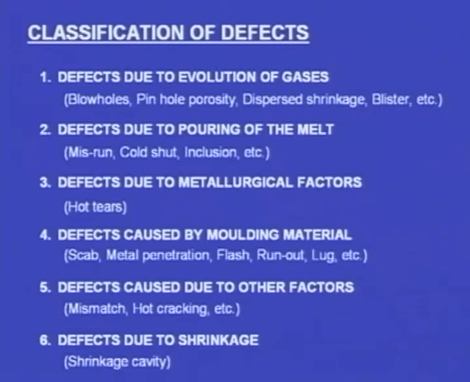We have also seen the defects due to shrinkage, that is the shrinkage cavity, and in a survey it was found that each year about 25% of castings are rejected due to defects. This drastically reduces the productivity of an industry.